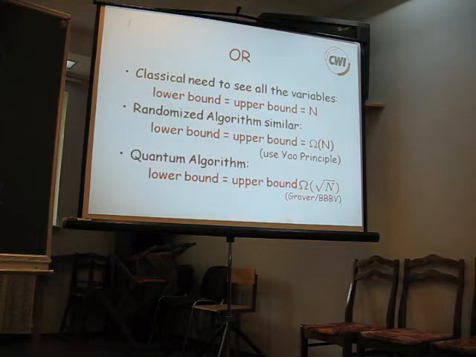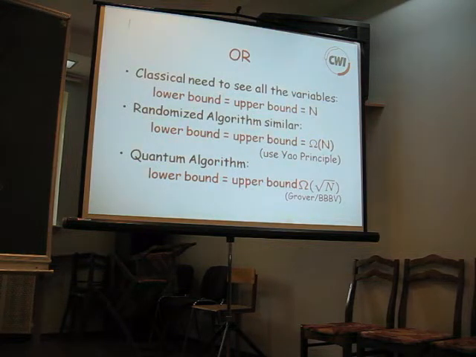On the other hand, for randomized decision trees, for randomized algorithms, we know that you still need to query a linear number of variables, but not all. You can sample from them. And also this is tight. You actually cannot do better than a linear amount. And the omega here, the constant there, will depend on the error probability that you allow. And a way to show that is something called the Yao principle, which, if you haven't heard of that, it doesn't really matter. But there are techniques for proving these lower bounds.